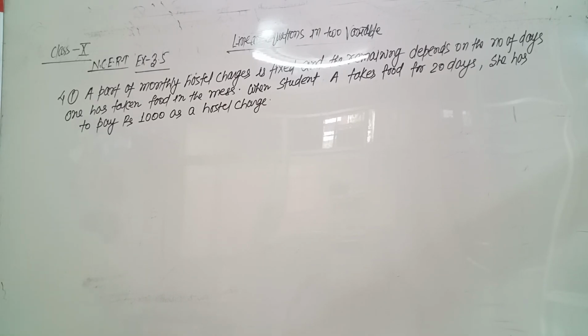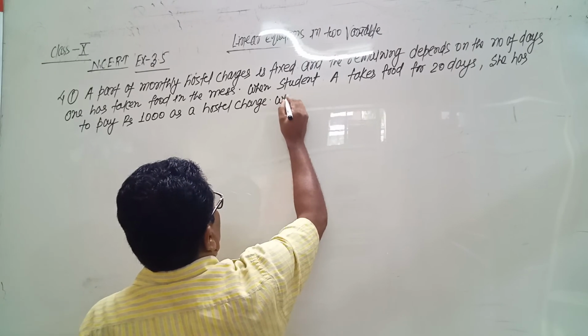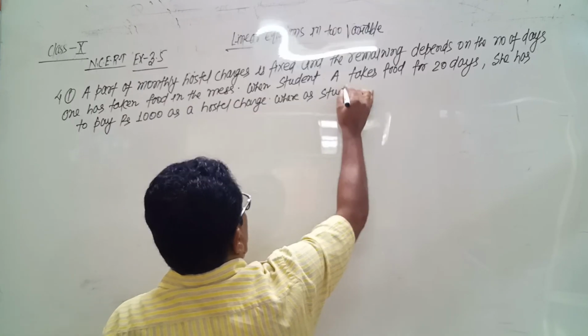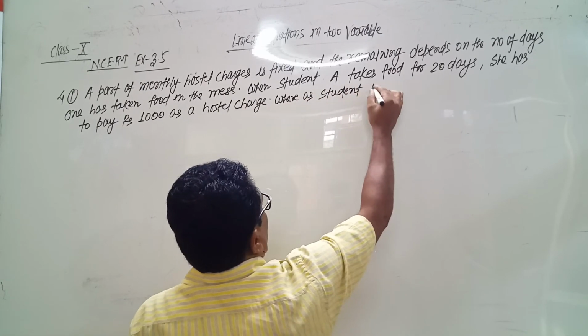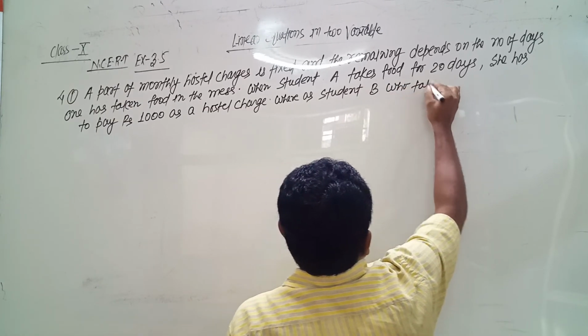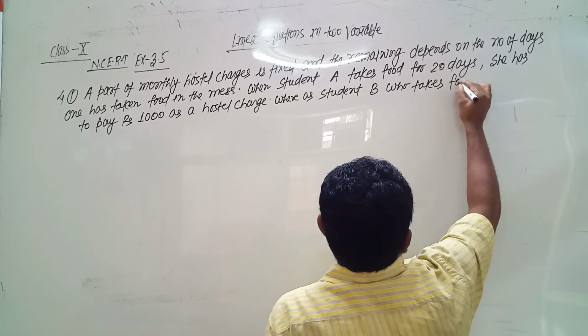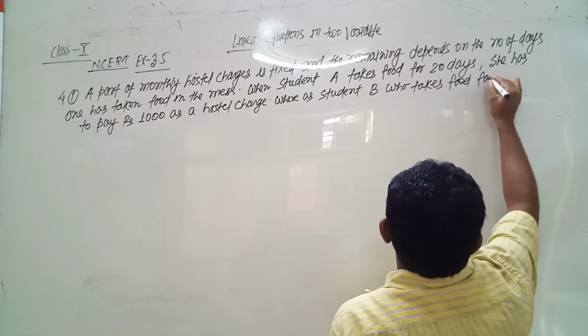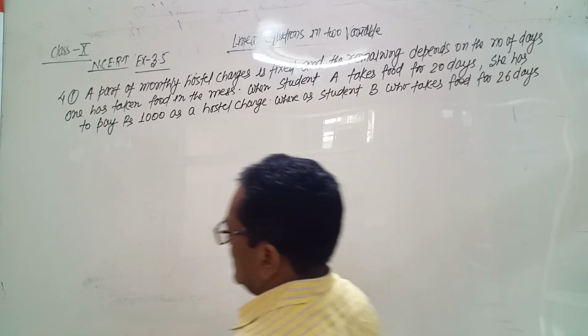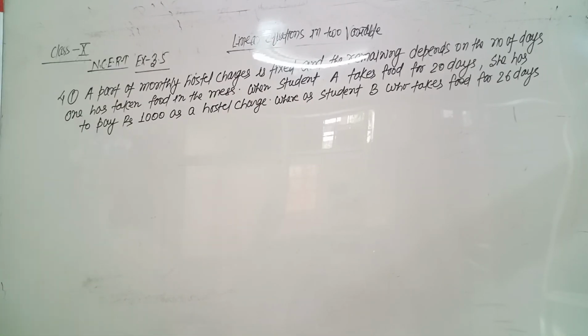Whereas a student B who takes food for 26 days pays rupees 1180.